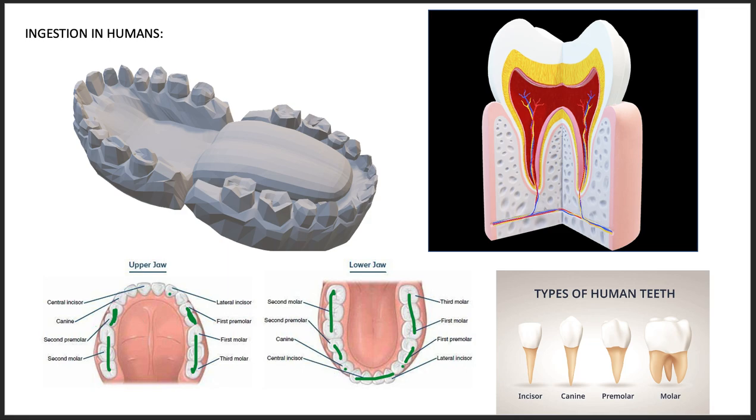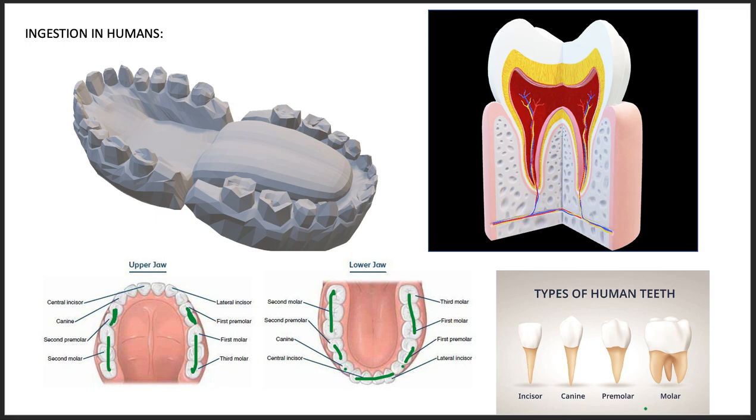That is 4 incisors up, 4 incisors down. That is 8. 2 canines up, 2 canines down. That is 12. Then 4 premolars up, 4 premolars down, which is 20. And then 6 molars up and 6 molars down, which is 32. So that way an adult will have 32 teeth.